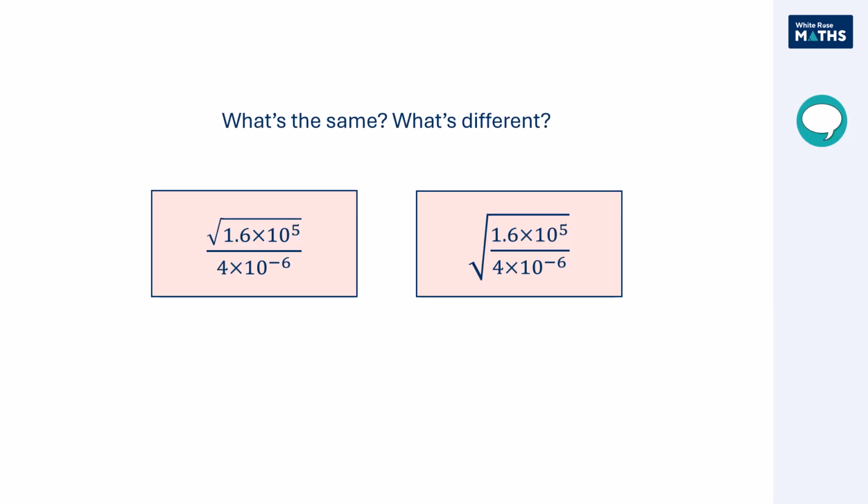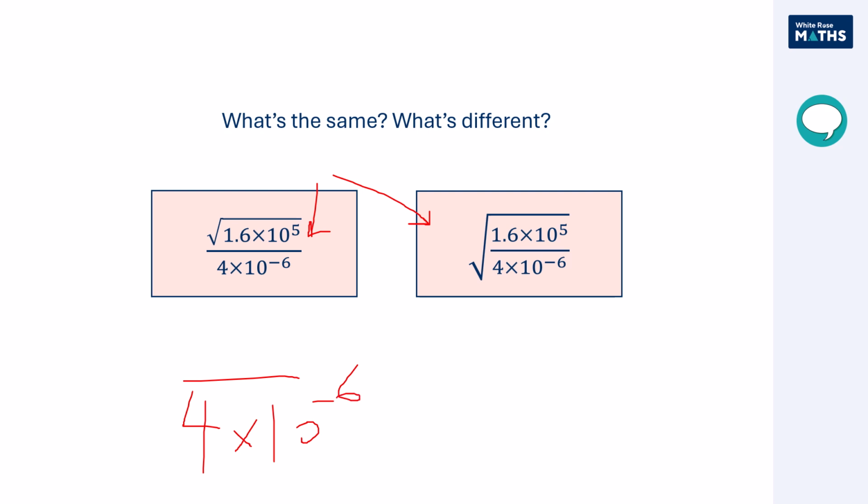Next part. What's the same here and what's different? Again, same numbers. What's different is that the order of operations are going to be different. So here I do the square root of the top first and then divide it by that. Whereas the second one, I do the square root of the whole fraction and get a different answer.